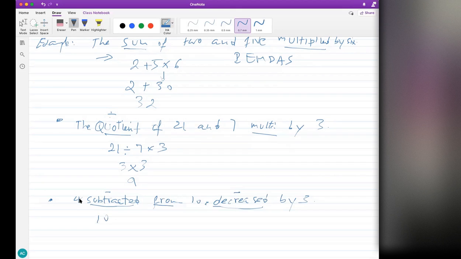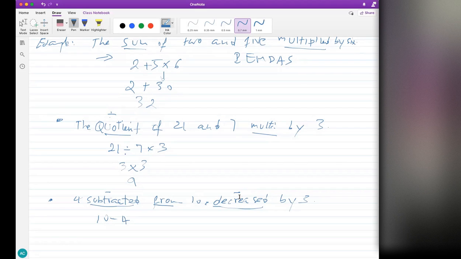Unless it says 4 subtract 10, and I don't even know if that's formal. But when you say 4 subtracted from 10, remember the from goes first, then the subtraction. This is a very common mistake. When people see subtracted from, they keep the same order, 4 minus 10. The result could be negative if they do. That's right, it will be different.